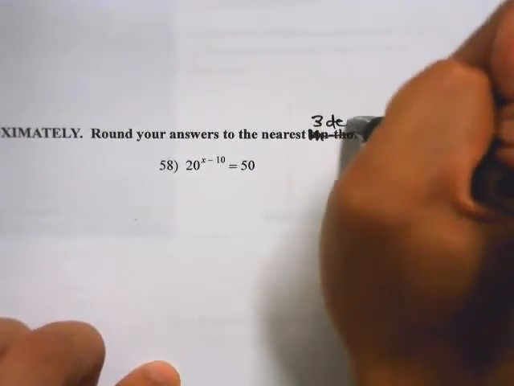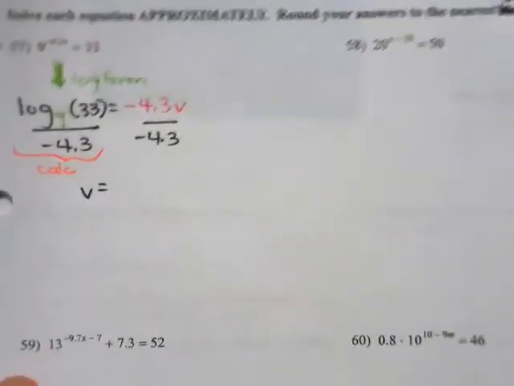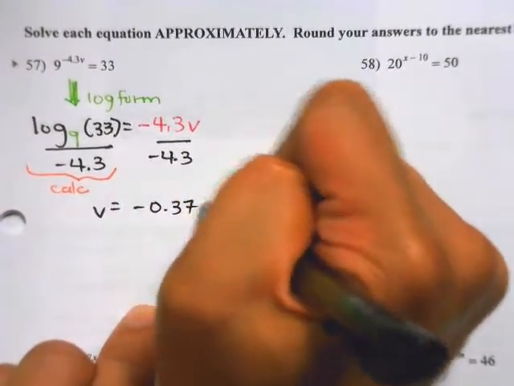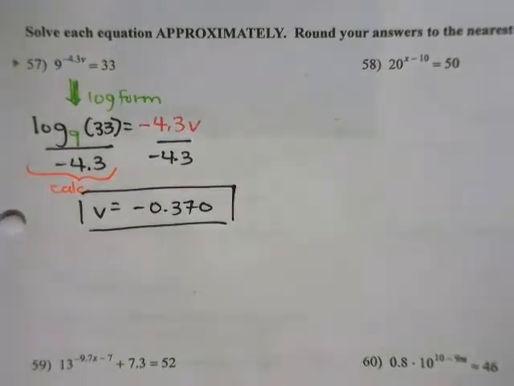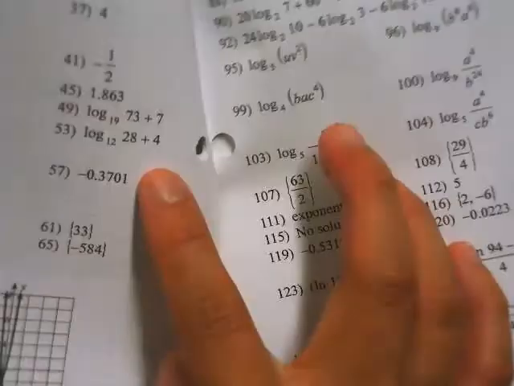Three decimals, AP style. So you could either round or not. Not rounding is called truncating. I really just want to check if that was a correct answer. It's just 57. Yeah, if you wanted to add that 1, but we're not going to add that 1 over there.